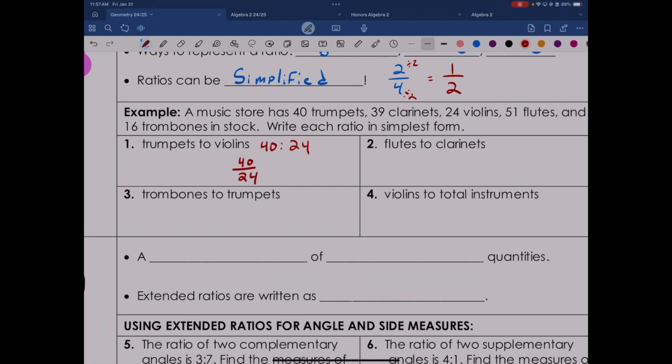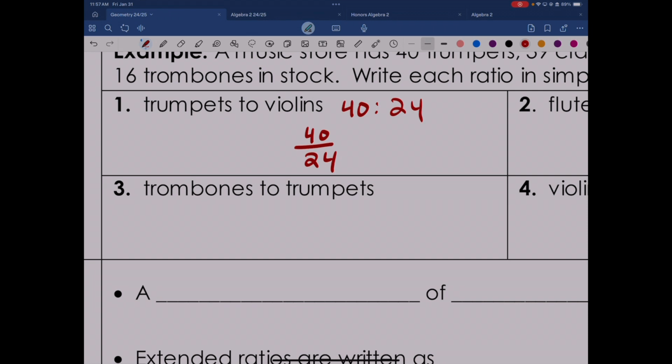Now we need to reduce this, to simplify this. What common number are both 40 and 24 divisible by? 4. Is there a bigger one? Double 4? 8. They're both divisible by 8, but let's say that you did the 4. Divide both of them by 4. 40 divided by 4 is 10, 24 divided by 4 is 6. So those are equivalent to each other.